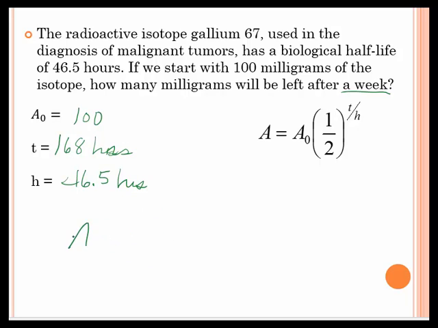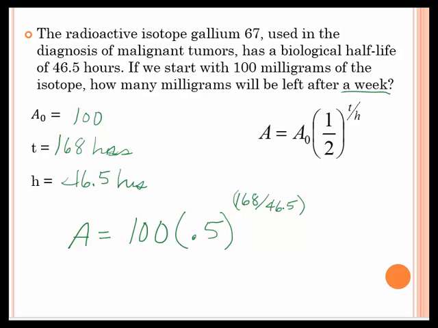So here we go. The amount we have is going to be 100 times a half, which is 0.5, to the power of 168 divided by 46.5. Now remember, this is decaying, it's not growing, so the amount's going to be smaller.